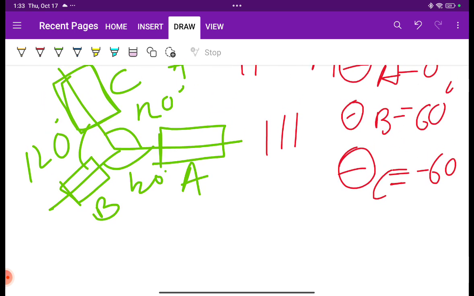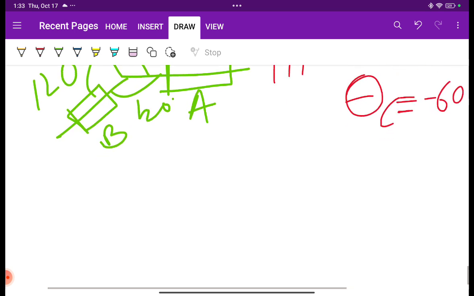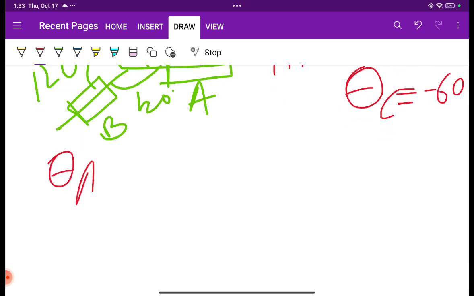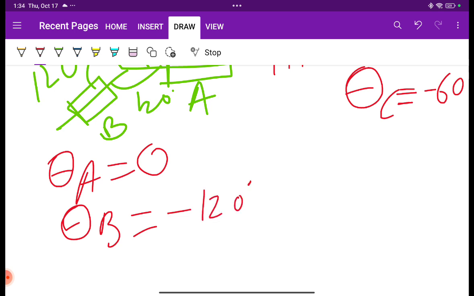In the third figure, what we notice is theta A is 0, still 0. Theta B is minus 120 degrees, and theta C is 120 degrees.